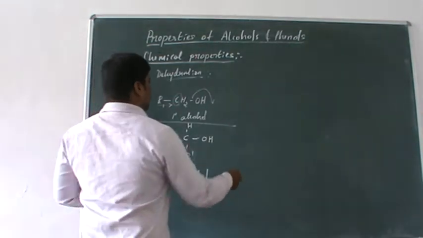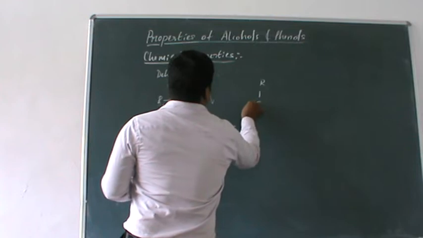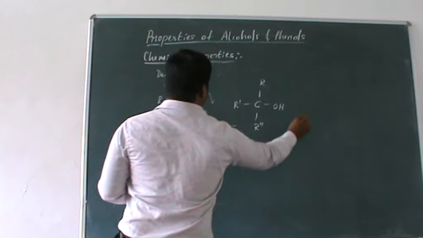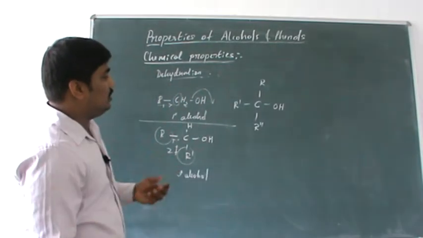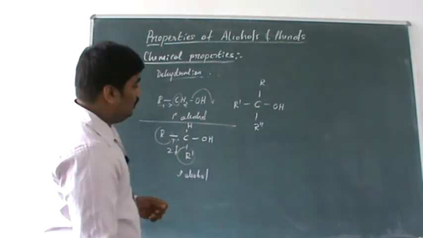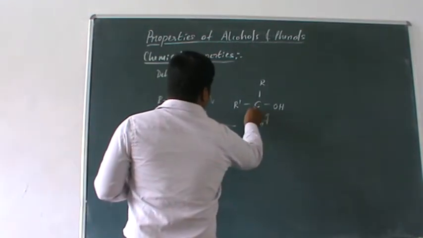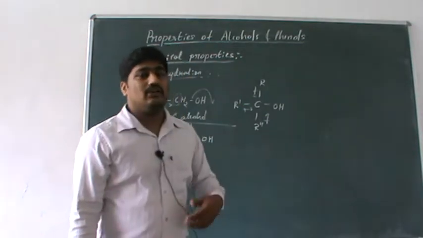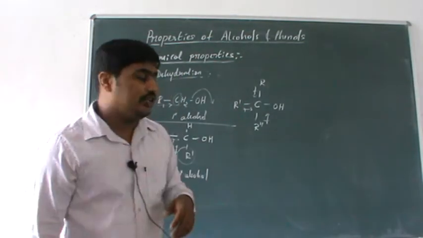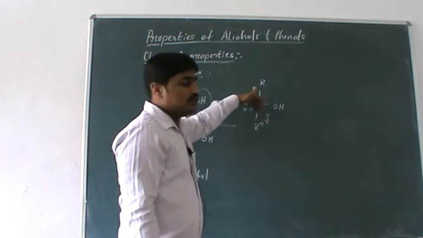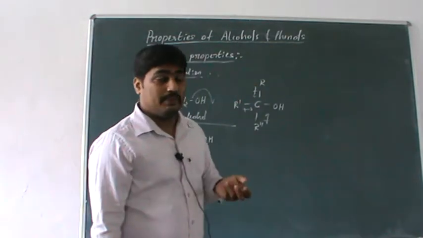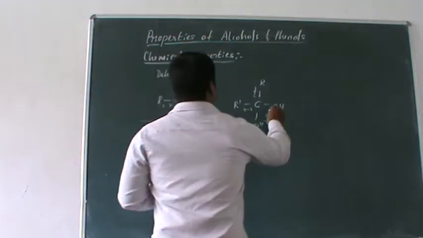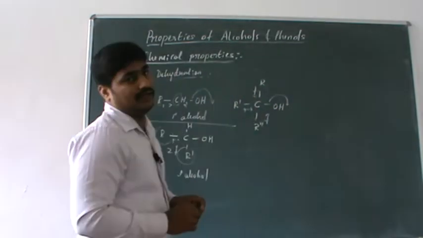Suppose we consider a tertiary alcohol, R', R'', R''' C-OH. Then all groups are alkyl groups, which show the tendency of electron donation. Because of that, the OH attached carbon becomes more electron rich, hence the OH group is easily liberated.